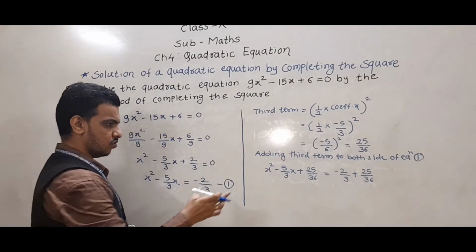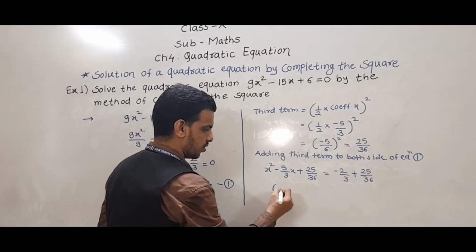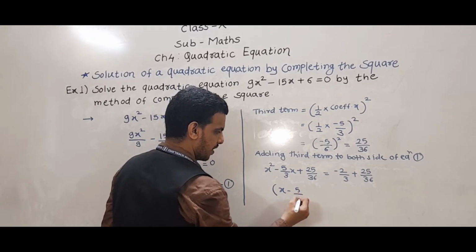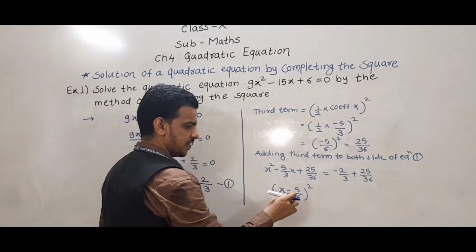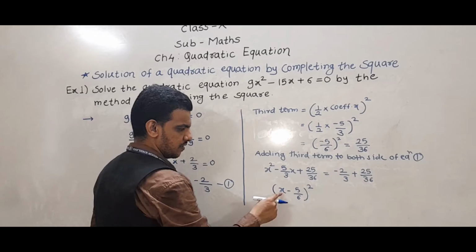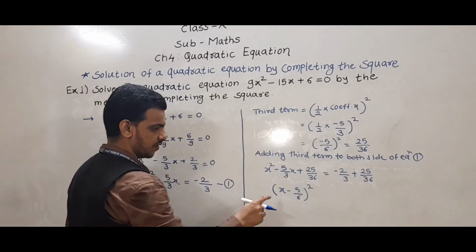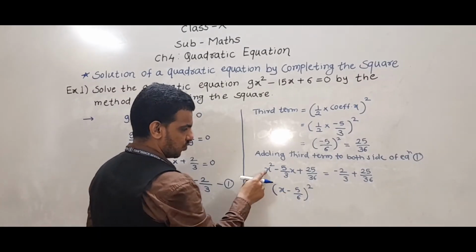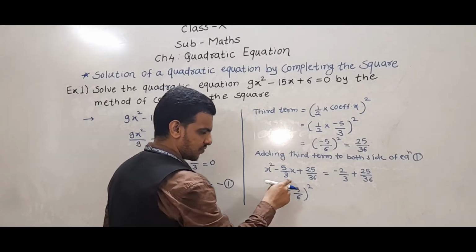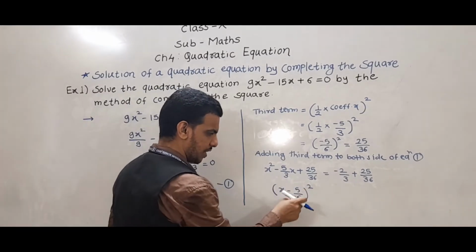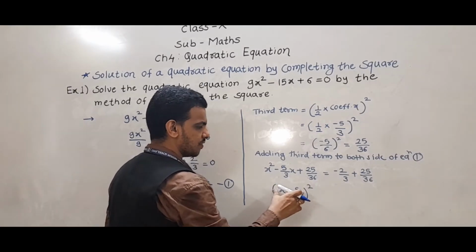Now if you observe, this LHS is a perfect square of x minus 5 by 6 bracket square. If we expand it using the identity a minus b bracket square is a square minus 2ab plus b square, x minus 5 by 6 gives x square minus 2 into x into 5 by 6, so you get minus 5 by 3x plus 5 by 6 square, that is 25 by 36. So this is the perfect square of x minus 5 by 6.